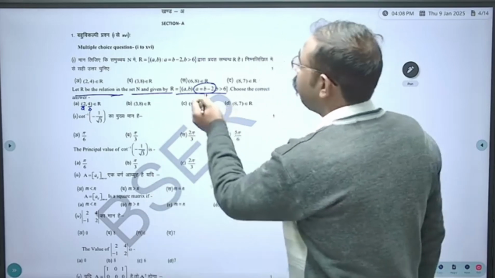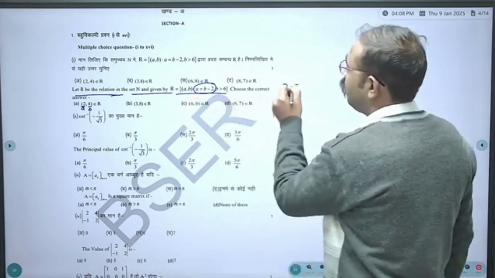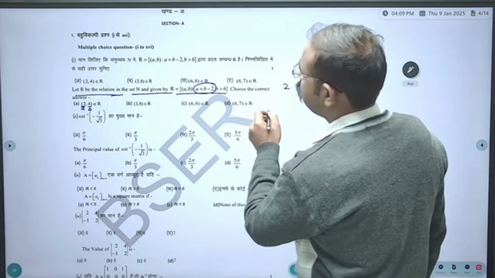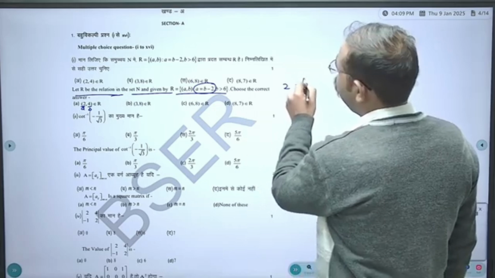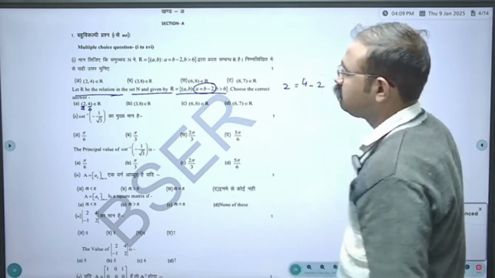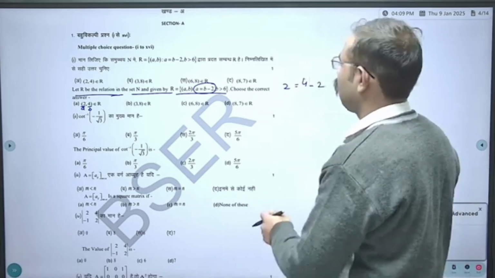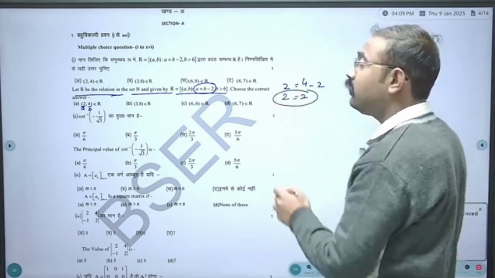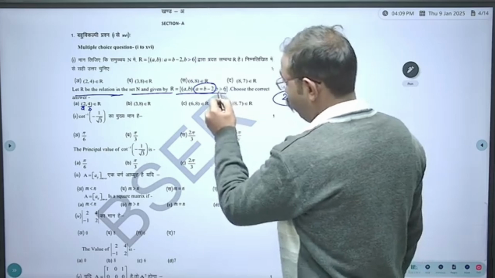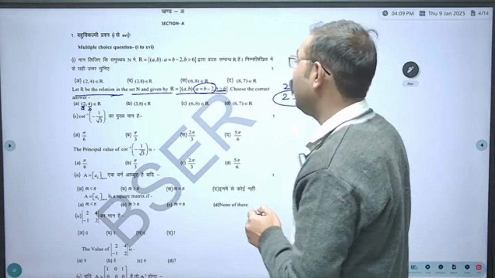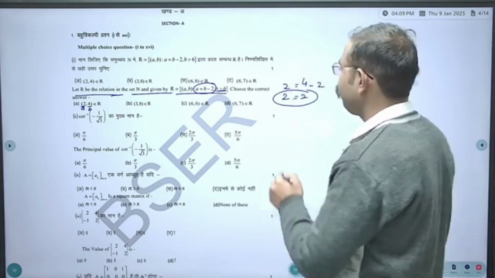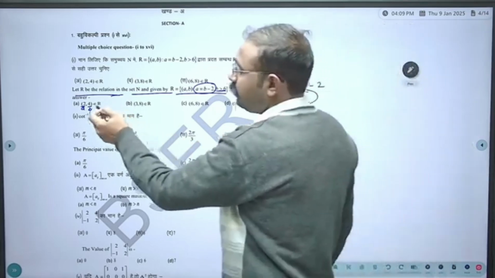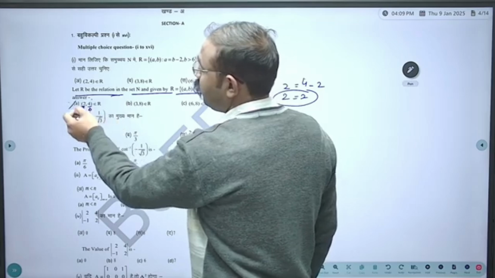Now if we put 2 in place of a and 4 in place of b, 2 equals 4 minus 2, 2 equals 2. The ordered pair is satisfying, but here we have one more condition, b is greater than 6. In this first pair b is 4, so this will not be our option.